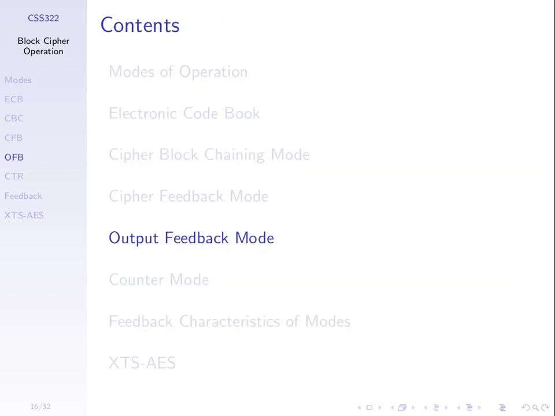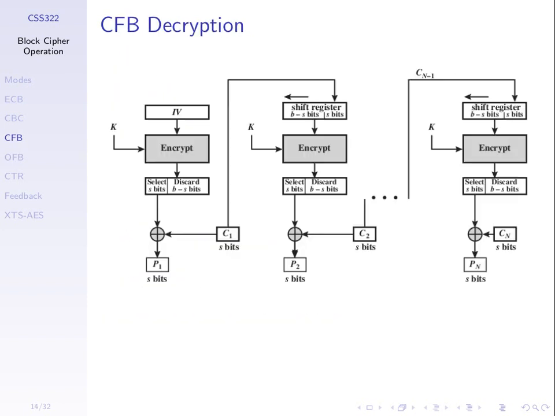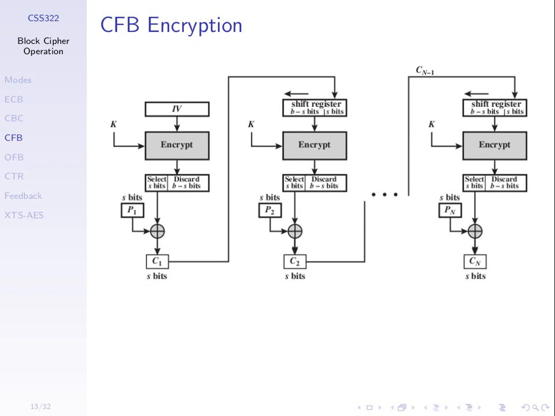There's a variation of that called output feedback mode. Similar, we encrypt a value XOR with P1, and the feedback in this case, instead of C1 going into the next stage, the output of the encrypt goes into the next stage. Maybe hard to see, but here in CFB, what goes into the next stage?